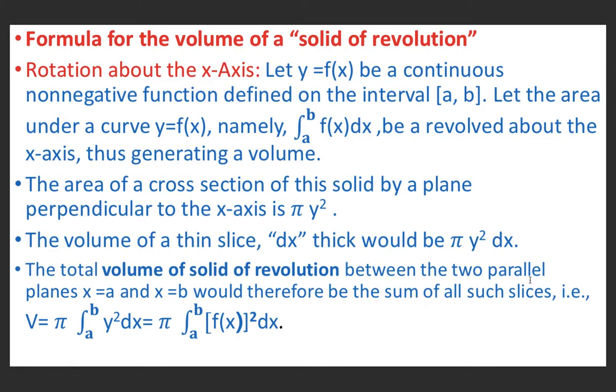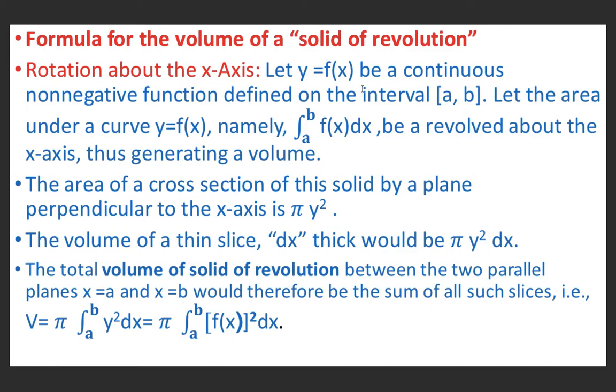It means it will be the integration of pi y square with respect to x between the limits x equal to a and x equal to b. So, y is nothing but f(x). So, it will be pi times the integration of f(x) square with respect to x between the limits a and b.